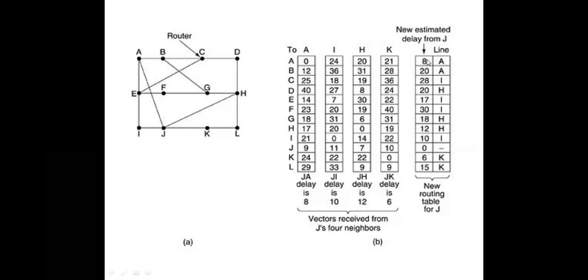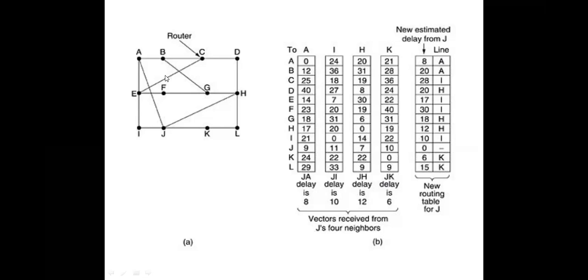So J to A 8, J to I 10, J to H 12, and J to K 6. Those pieces of information are already given.